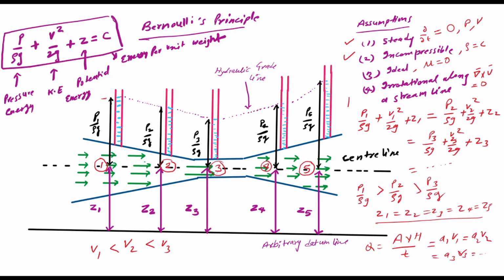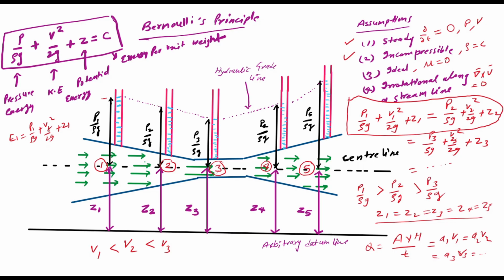If we see here, we will get the energy constant, right? Experimentally. If E1 is for point 1, E1 means P1 upon rho g plus V1 square upon 2g plus Z1, right?